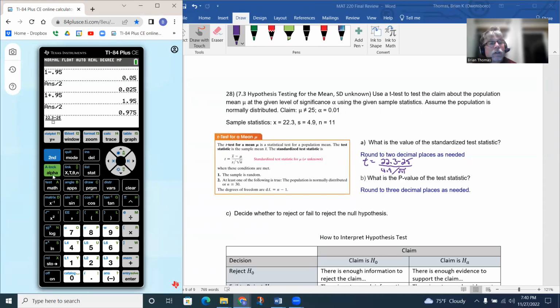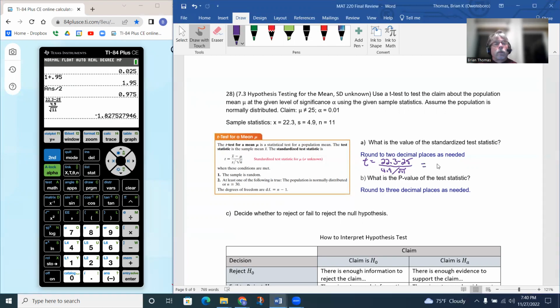On the bottom, I'm going to use the alpha F1 button again, and I have the 4.9 and then the square root of 11. It gives our t value, which is going to be negative 1.828.